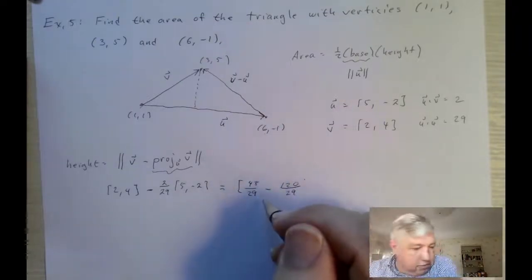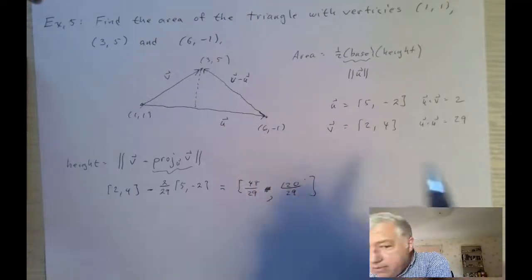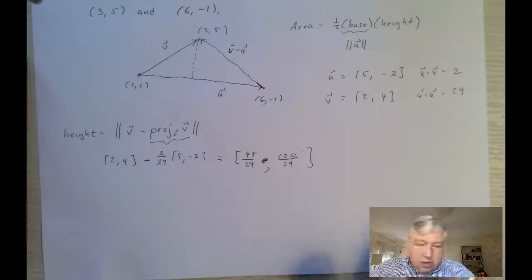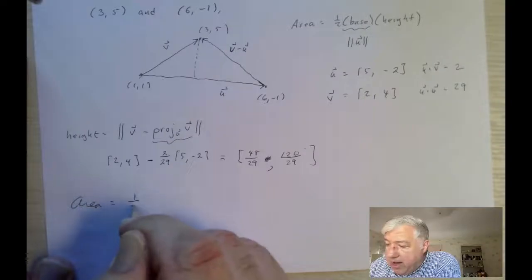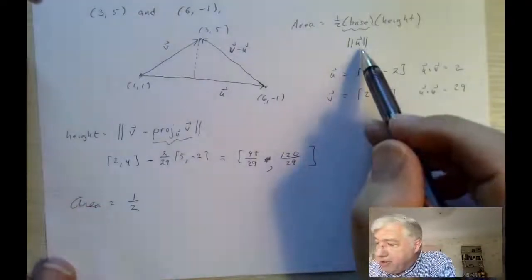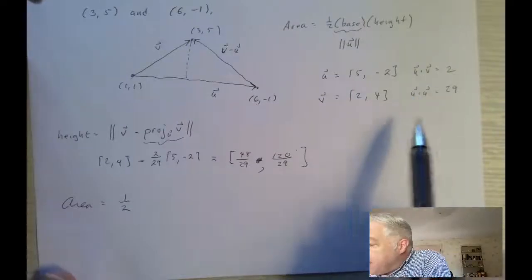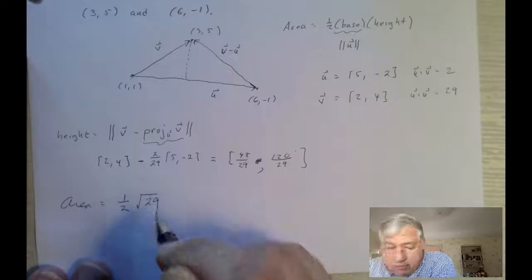Yeah, I'm sorry, I'm getting ahead of myself. 48 29ths, 120 over 29. And so the area then is 1/2 times the base, the length of u. The length of u, you can see, is the square root of 29. Okay.